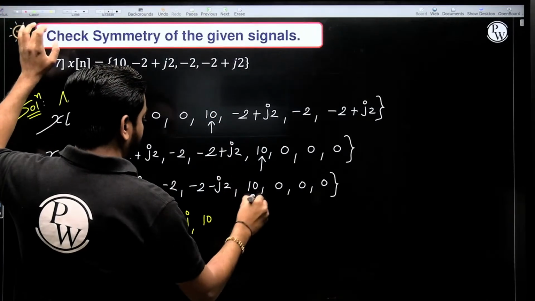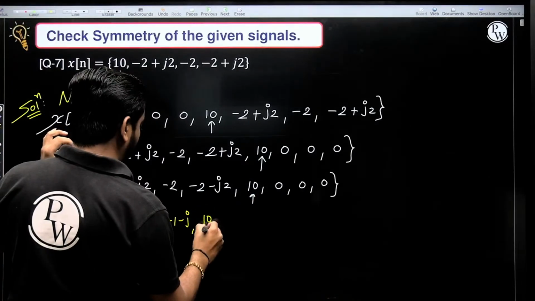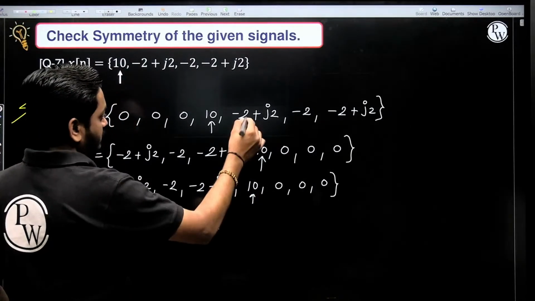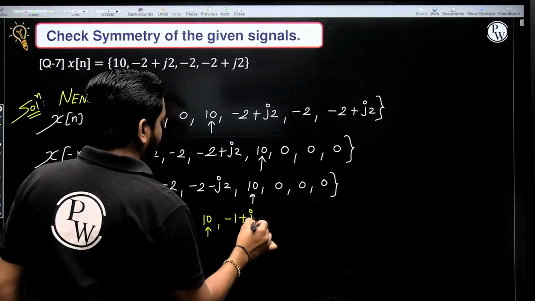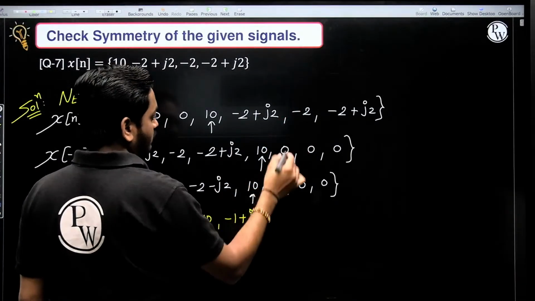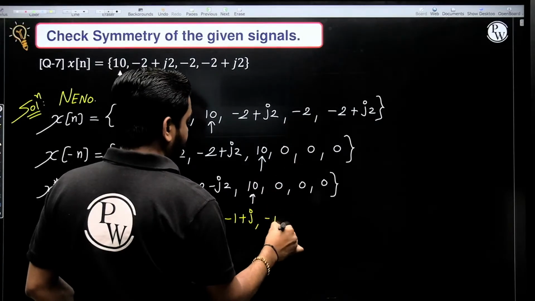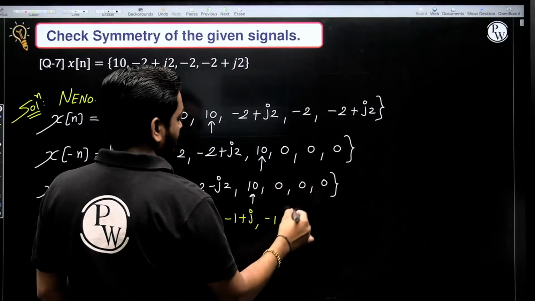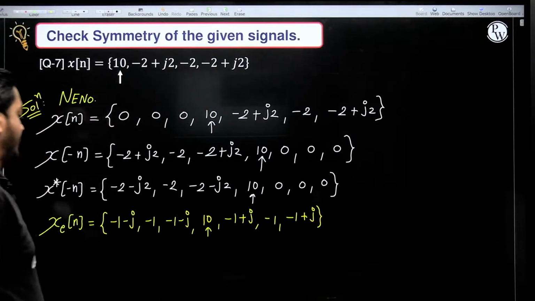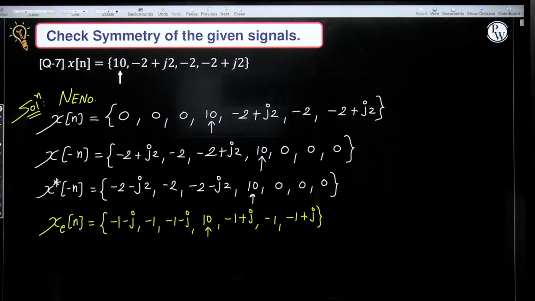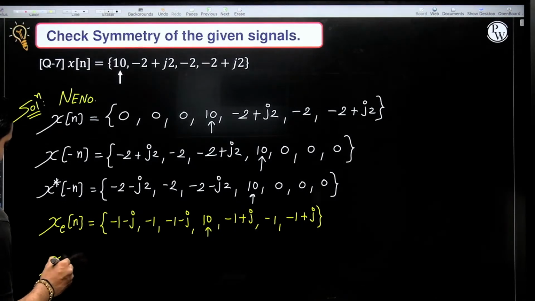Sample is at origin. So minus 2 plus j2 plus 0 divided by 2, minus 1 plus j. Minus 2 plus 0 divided by 2, minus 1. Minus 2 plus j2 plus 0 divided by 2, that is minus 1 plus j. Okay. So this is the conjugate even part, and conjugate odd part is 1 by.